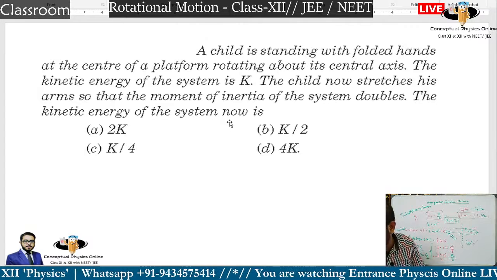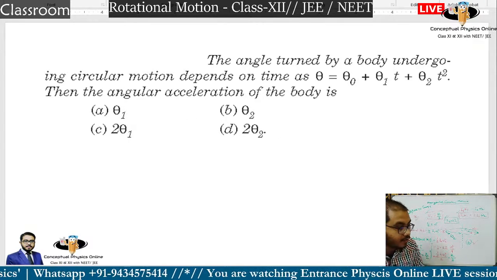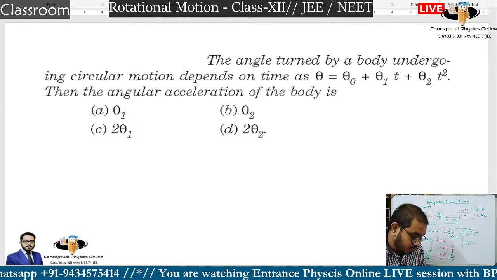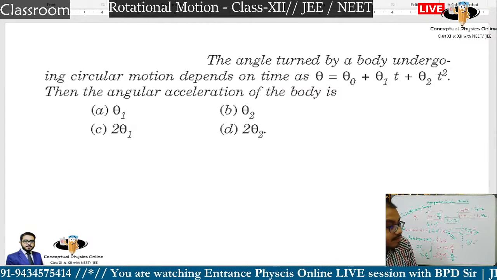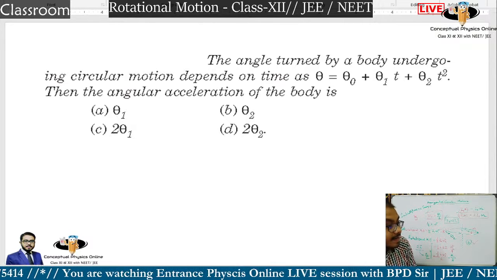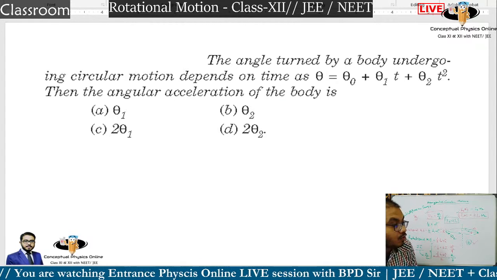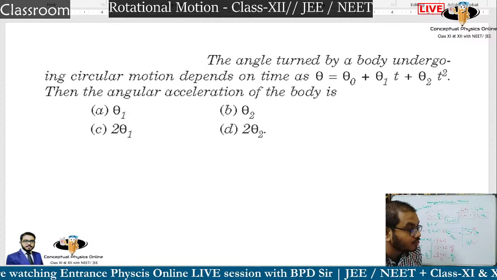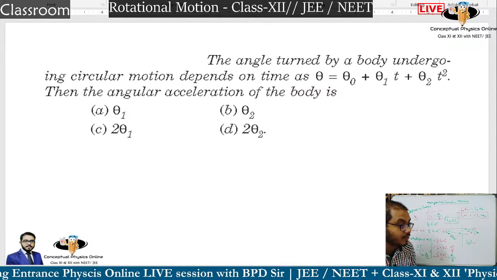Now, from this problem, let's move on to a very common problem which has come in JEE Main. The angle turned by a body undergoing circular motion depends on time as theta equal to theta naught plus theta 1 t plus theta 2 t square.